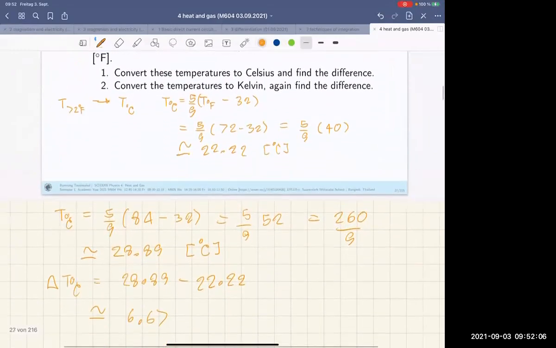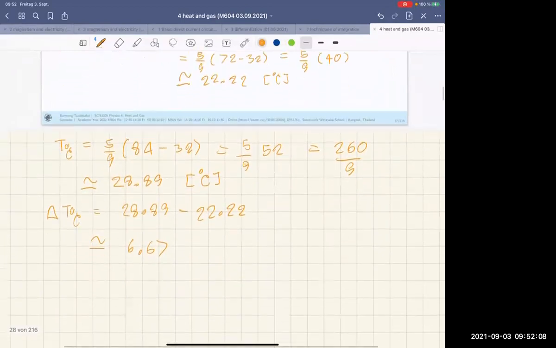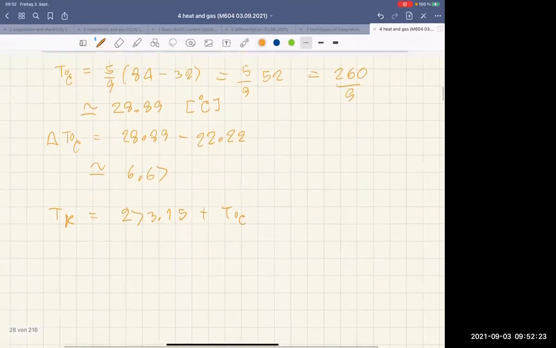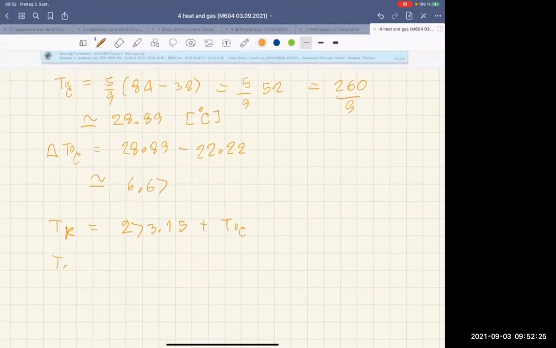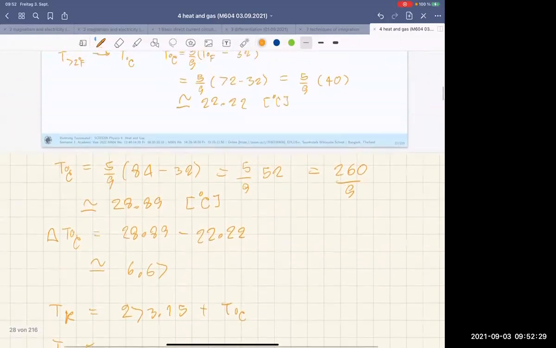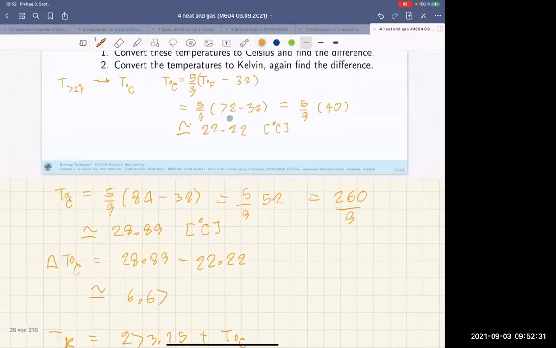So let's consider the temperature in Kelvin. Kelvin is quite simple. You just add 273.15 plus the temperature in degrees Celsius. At the first state, T1 is this one, right? 22.22.